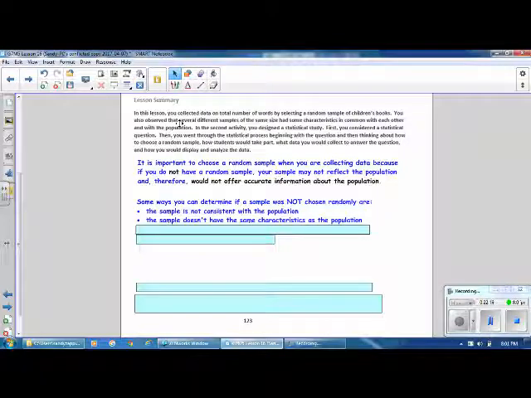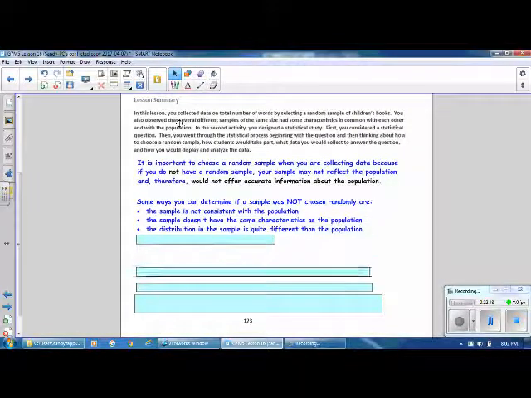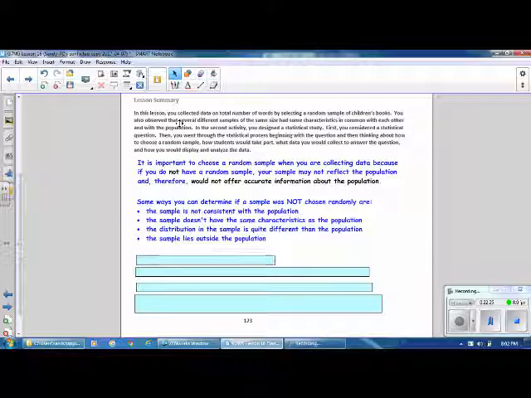The sample doesn't have the same characteristics as the population. The distribution in the sample is quite different than the population. The sample lies outside the population. That is our lesson summary for Lesson 16.